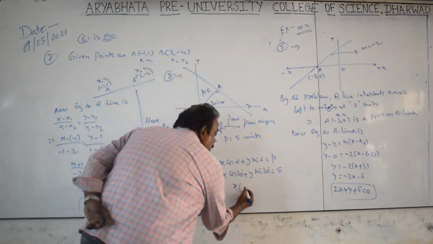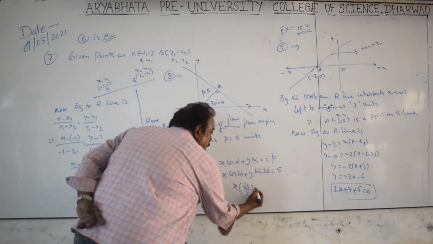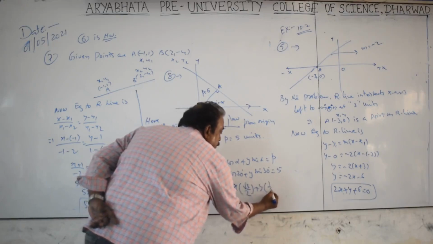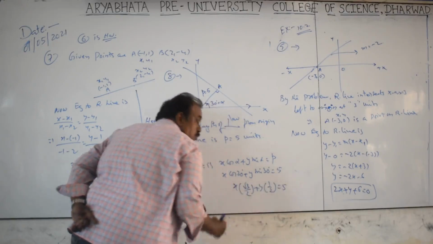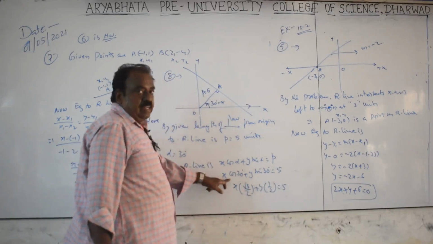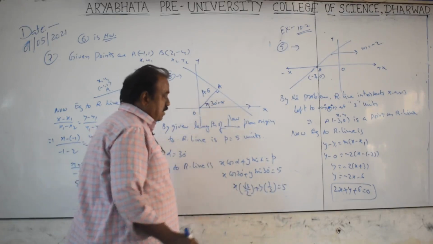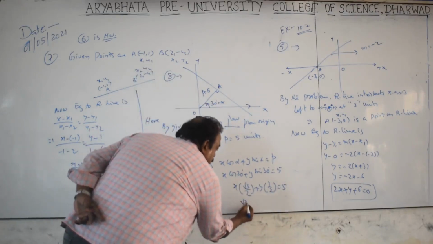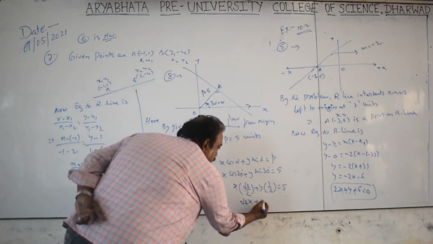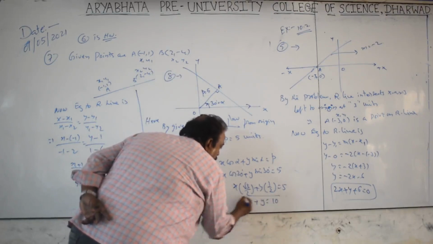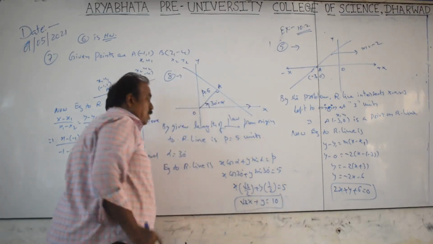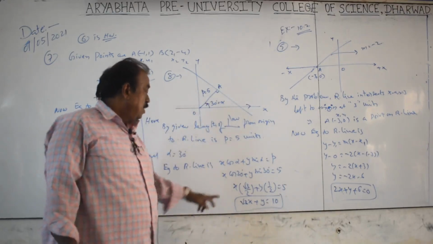It is x into root 3 by 2 plus y into 1 by 2 is equal to 5. Okay? Cos 30 is root 3 by 2, sin 30 is 1 by 2. This is root 3x plus y is equal to 10, the required equation of the line.